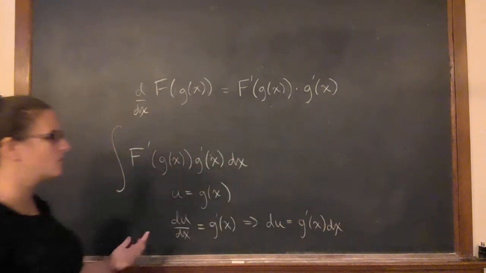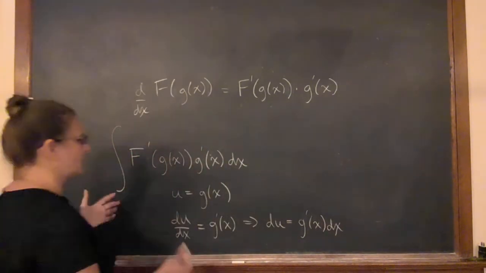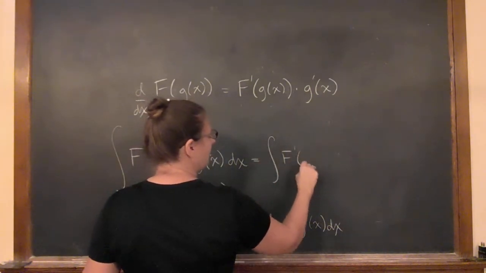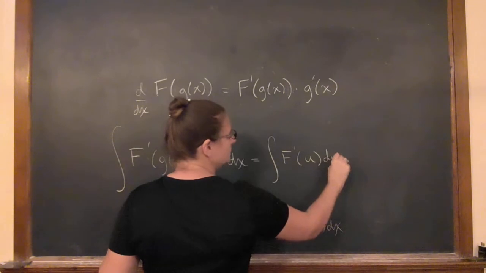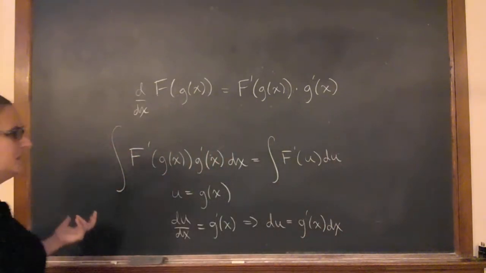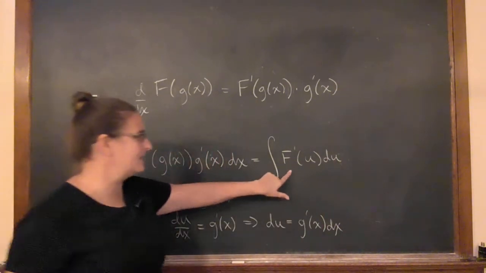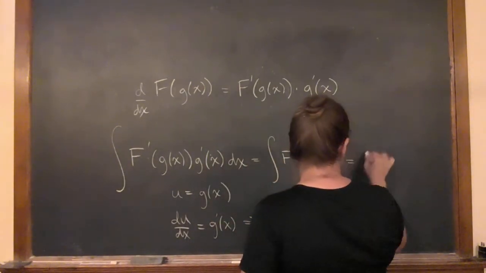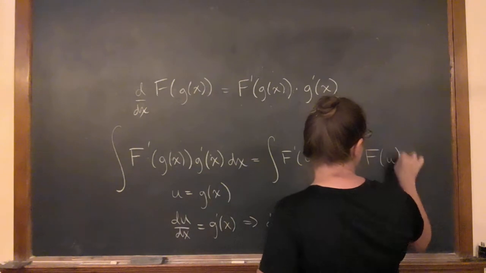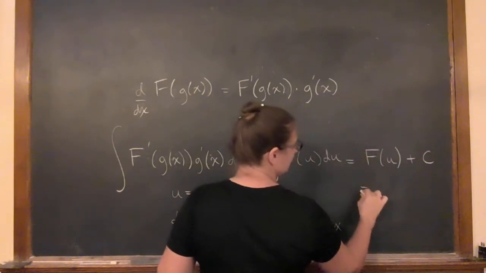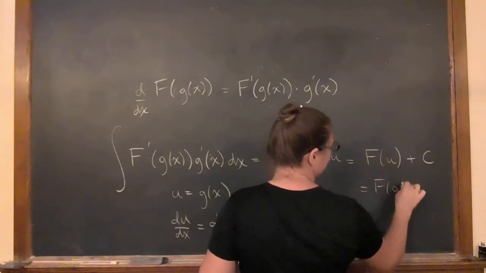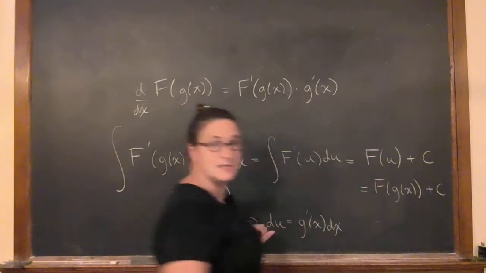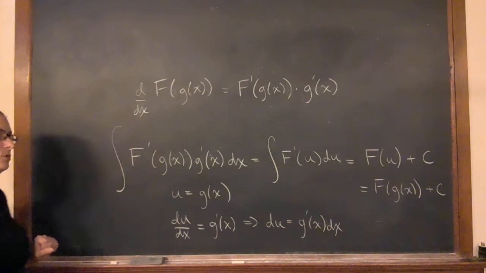So this is exactly what we did, but now this is in the general form. If I stuff this in, I have f prime of u du, fine. I know how to integrate because I see that it's f prime, then I get f of u, but that really is f of g of x. So I've basically undone the chain rule.